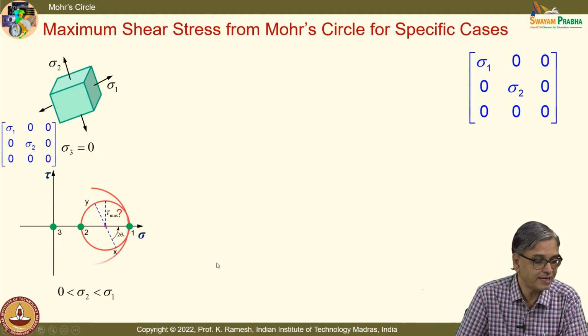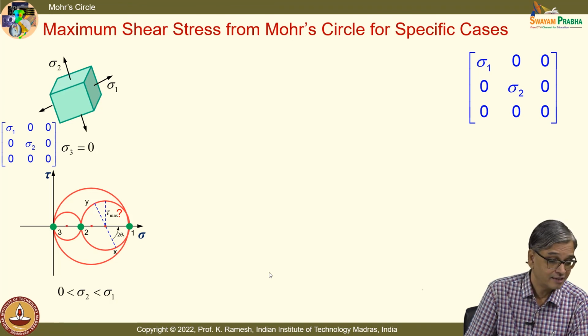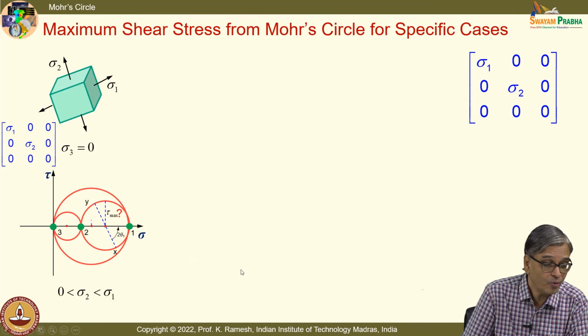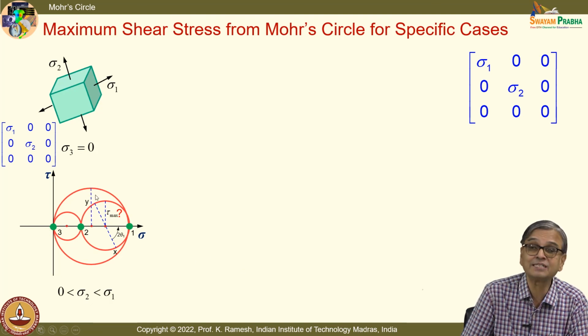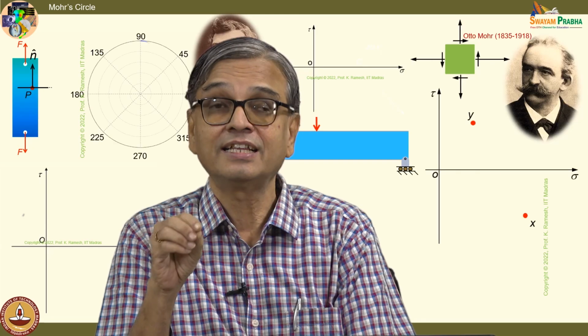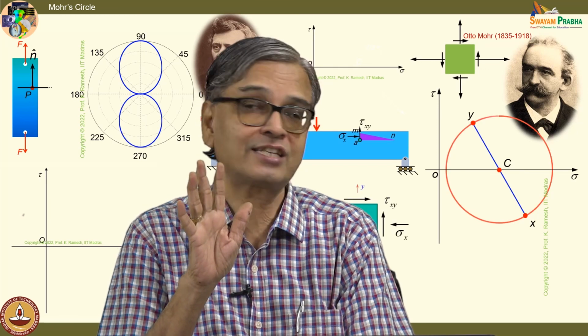For the sake of completeness, I can also draw the circle between 2 and 3. And what happens to the maximum shear stress? The maximum shear stress is not this globally. Globally, this is the maximum shear stress. Is the idea clear?